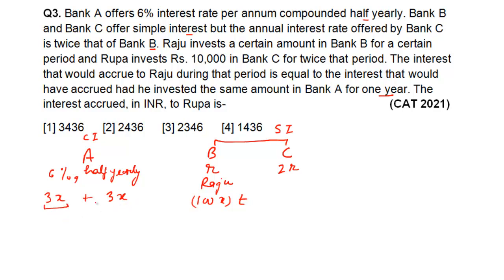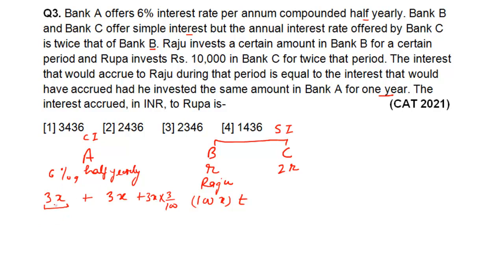In addition, he will get 3x multiplied by 3 by 100, that is 0.09x, because the interest 3x will also earn interest in the second half.